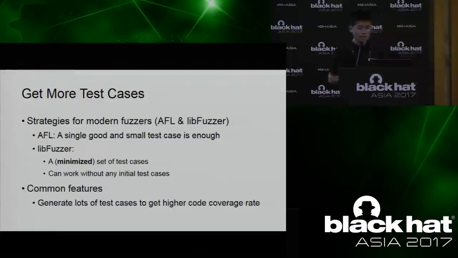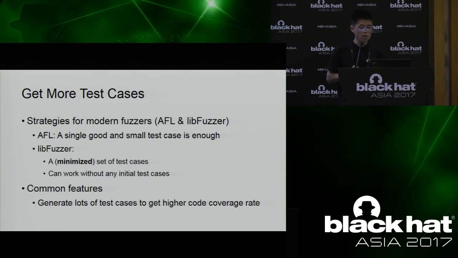Firstly, let's talk about the strategies for modern fuzzers, such as AFL and libFuzzer. For AFL, a single small test case is enough, and for libFuzzer, a minimized set of test cases is acceptable. But libFuzzer could still work even without any initial test cases.